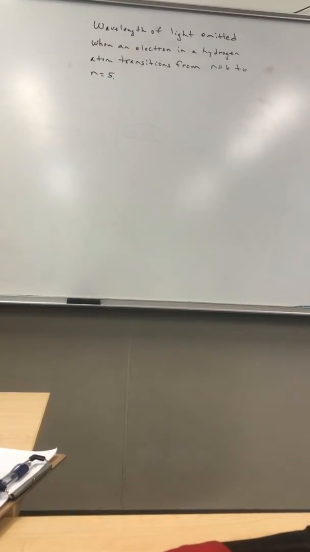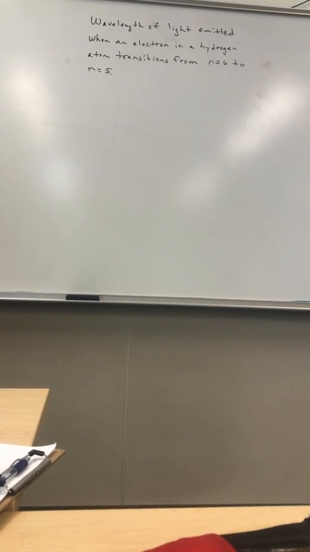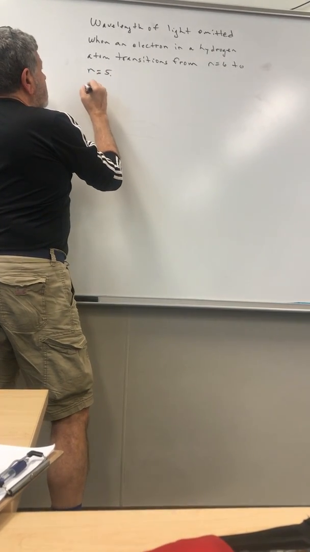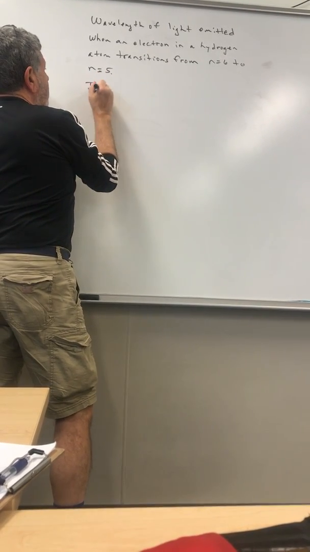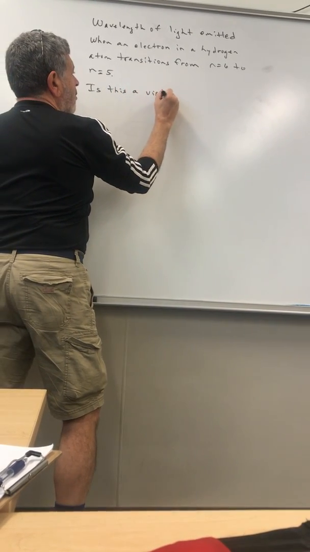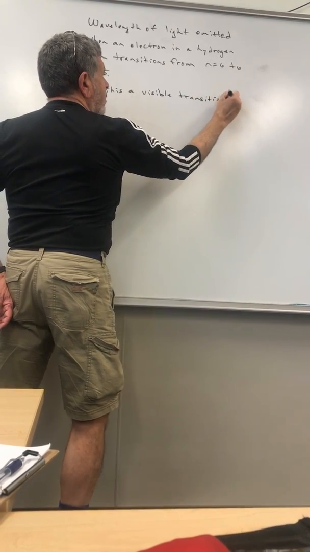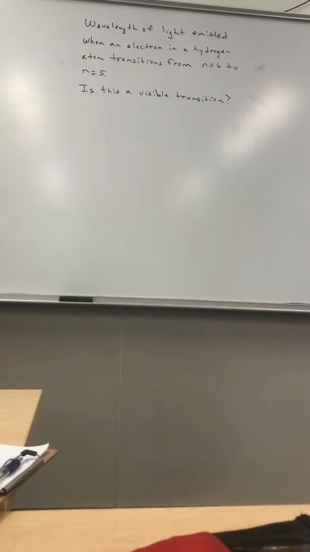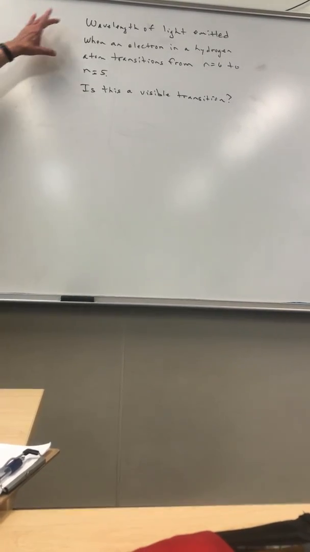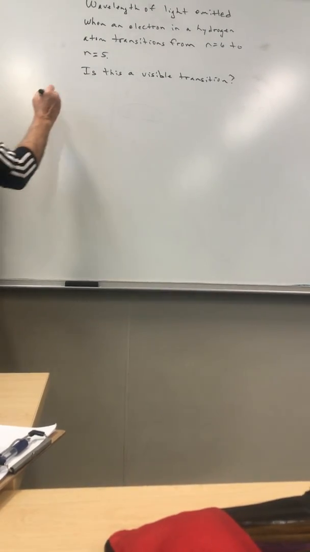So we're going to calculate the wavelength of light emitted, and then we're going to also decide, we'll come to this question second, is this a visible transition? Or can we see it with our eyes? So in order to do this, we need to first calculate the energy change of the electron.